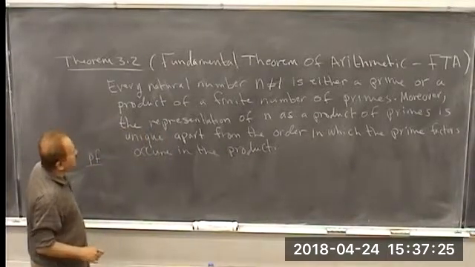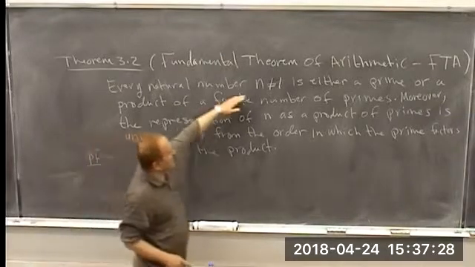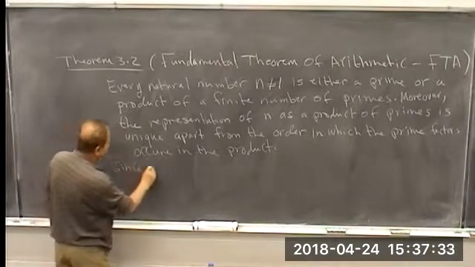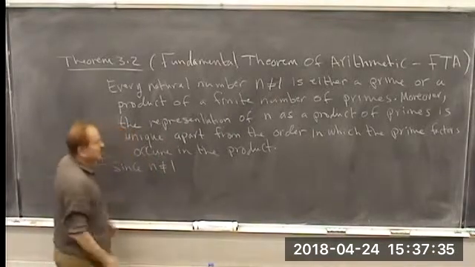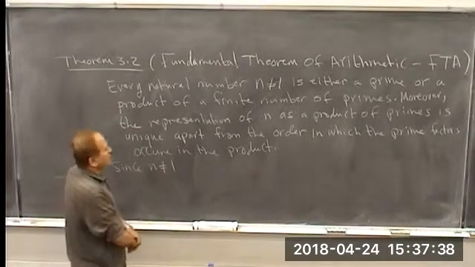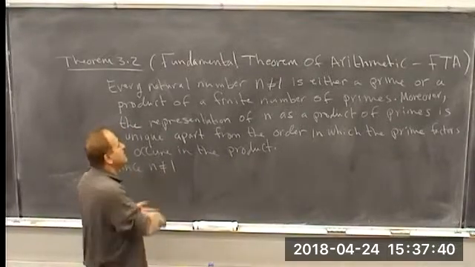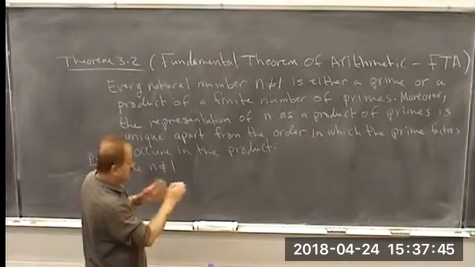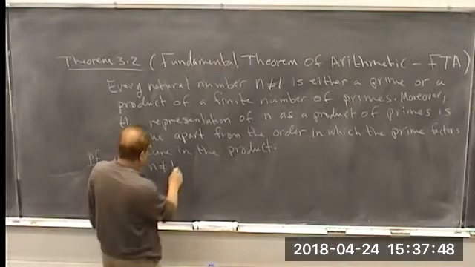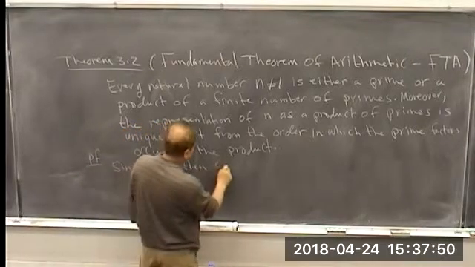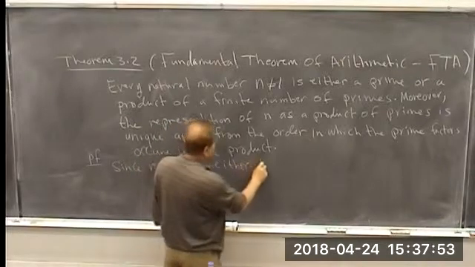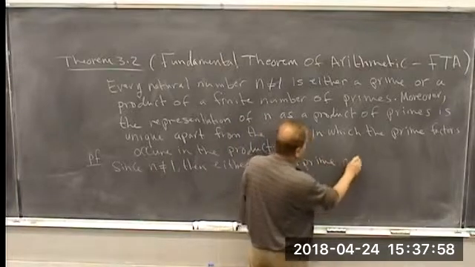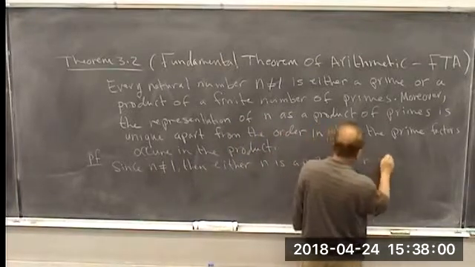We know that since n is a natural number not equal to 1, it belongs to either the prime classification or the composite classification. Then either n is a prime or n is composite.